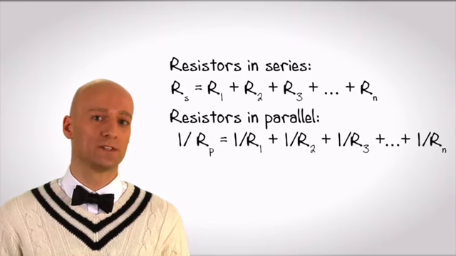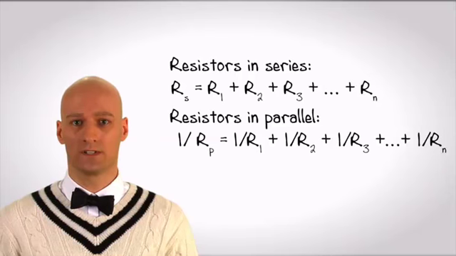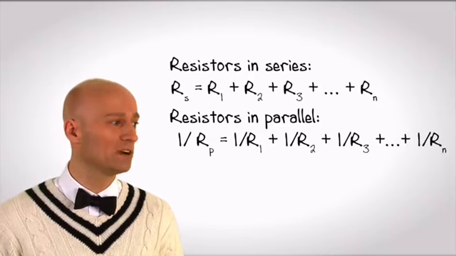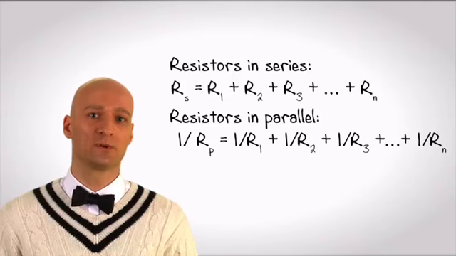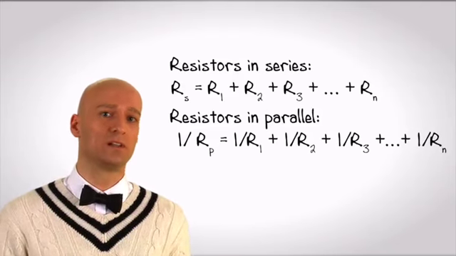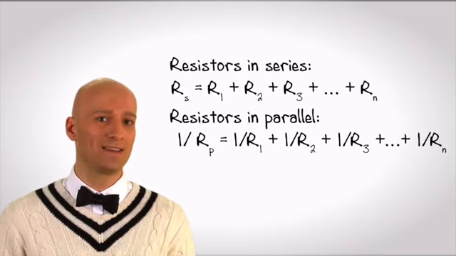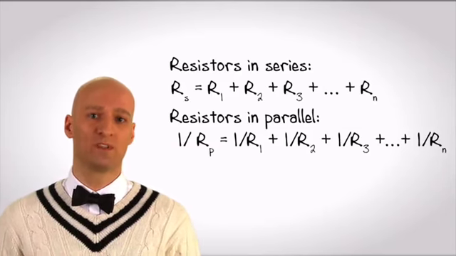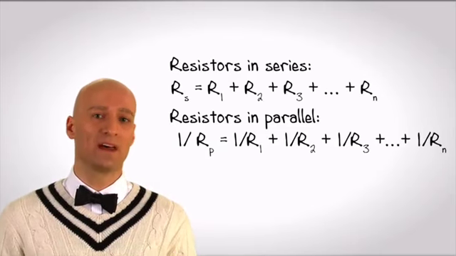So the mathematics of resistors in parallel is different than the mathematics of resistors in series. For resistors in parallel, we take the sum of the reciprocals of the individual resistors to equal the reciprocal of the resultant resistance.